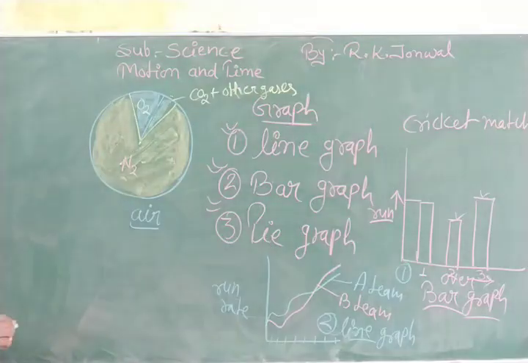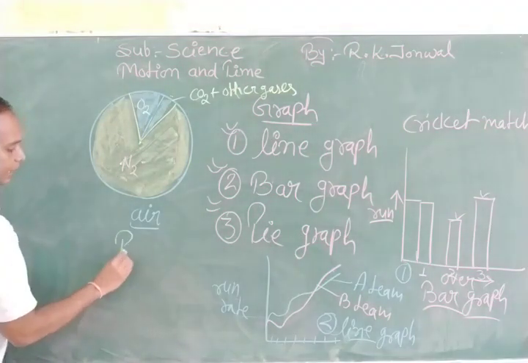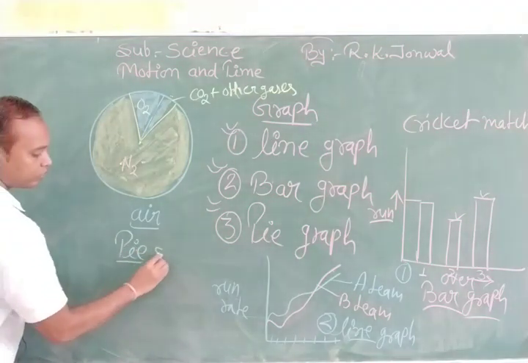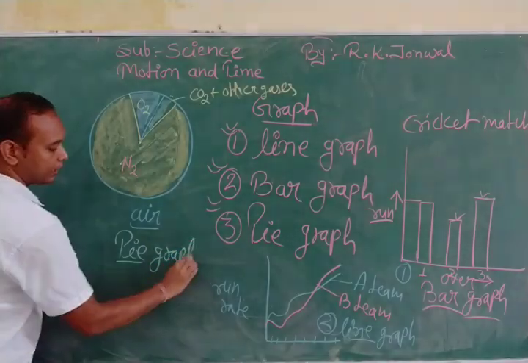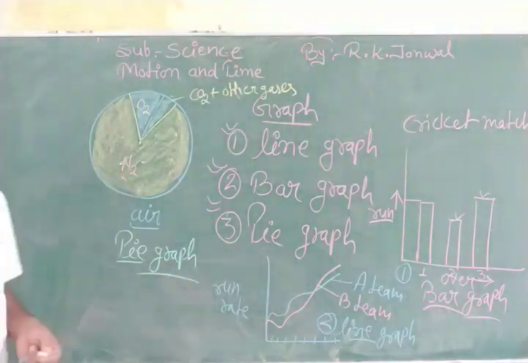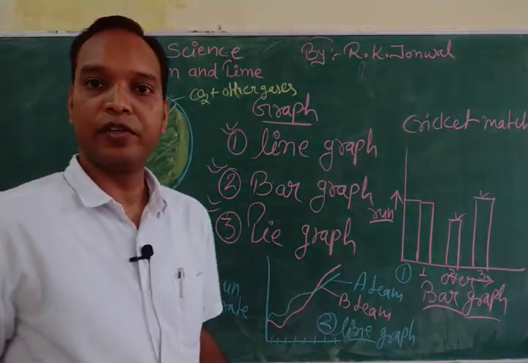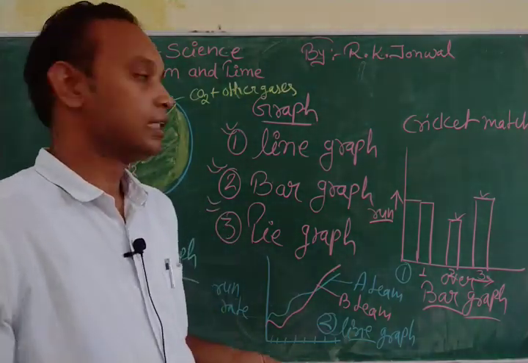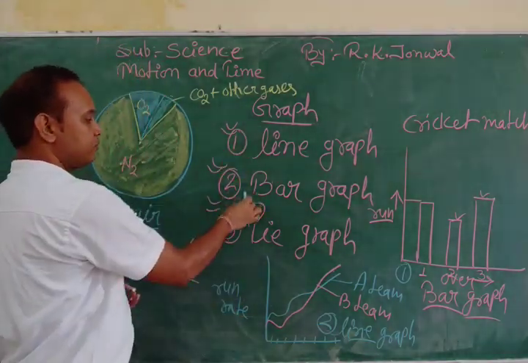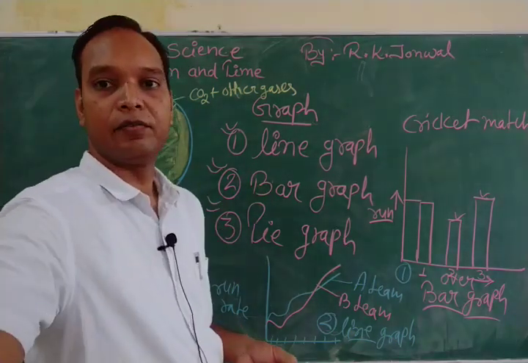So with the help of this pie chart or pie graph, we can demonstrate the composition of air in our atmosphere. So here are three types of graph: line graph, bar graph, and pie graph.